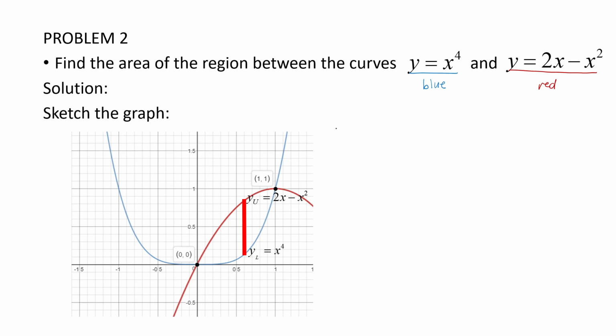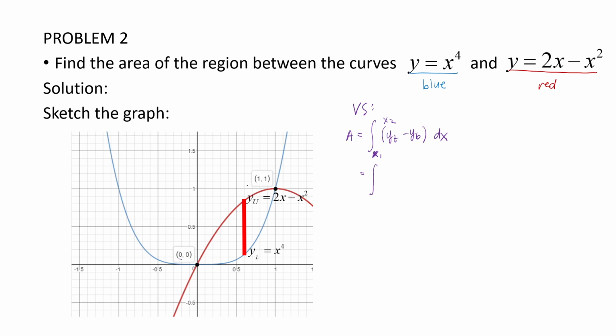Okay, so by formula, this one is a vertical strip. So the area is equal to the integral of y top minus y bottom dx, from x1 to x2. So of course, I'm going to solve it vertically first, and then let's try comparing it with the horizontal strip.